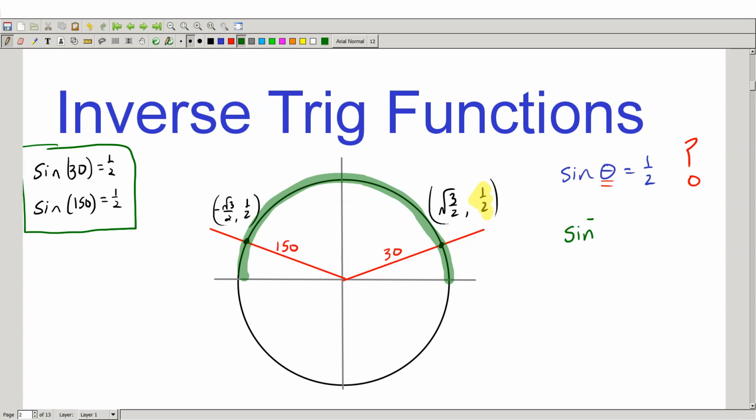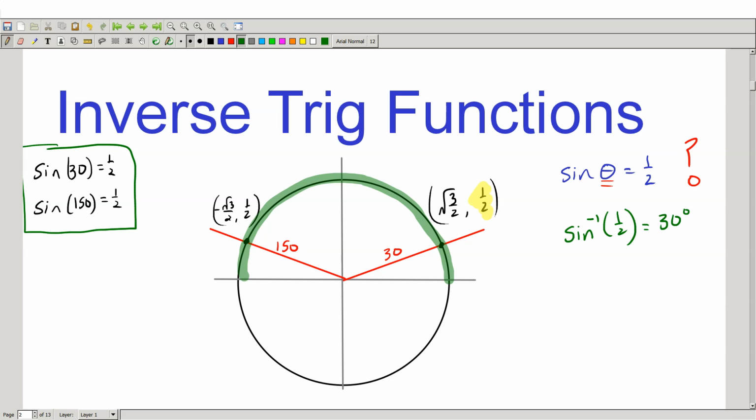This is the notation that I'm going to use: sine inverse, the inverse sine of 1/2, and what does that equal? We're going to learn that it equals just 30 degrees. We all have to agree upon some rules so that this function is going to give us exactly one output, and it's always going to be the same output.